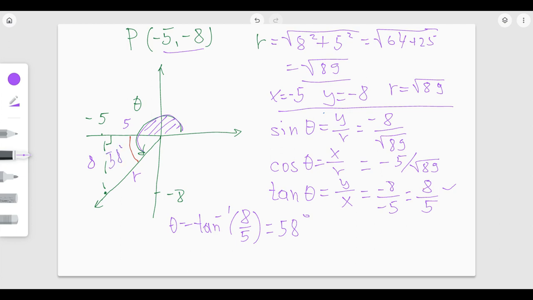Then how can I find theta? Theta can be found just by adding 180 degrees, which is a semicircle, to 58. So theta is 180 degrees plus 58, which is 238.